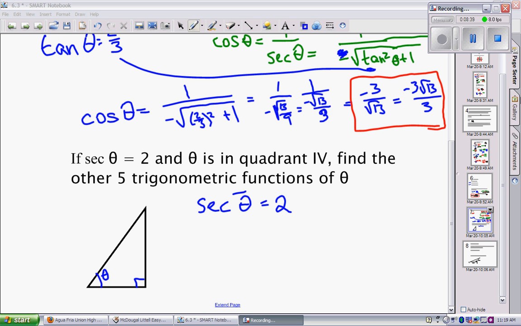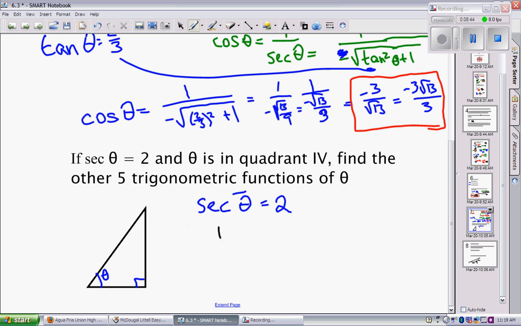We know that secant is 1 over the cosine. And we know that cosine is the adjacent over the hypotenuse. So we can't have a fraction within a fraction, so we flip the bottom one and get h over a equals 2. So we're going to assume that a is 1 for the denominator and h is 2.